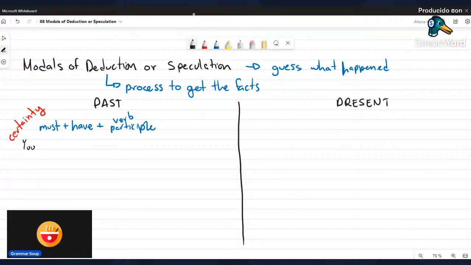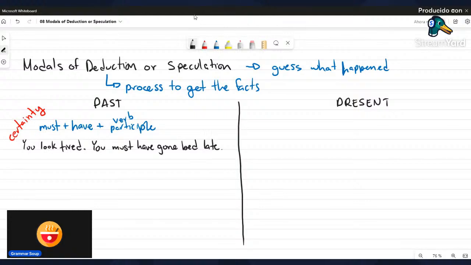You cannot say "you must be tired" here, so you can say you look tired. And then you need to think about something that might have happened before, right? So you can say, you must have gone to bed late, right? That's actually the first thing that comes to my mind.